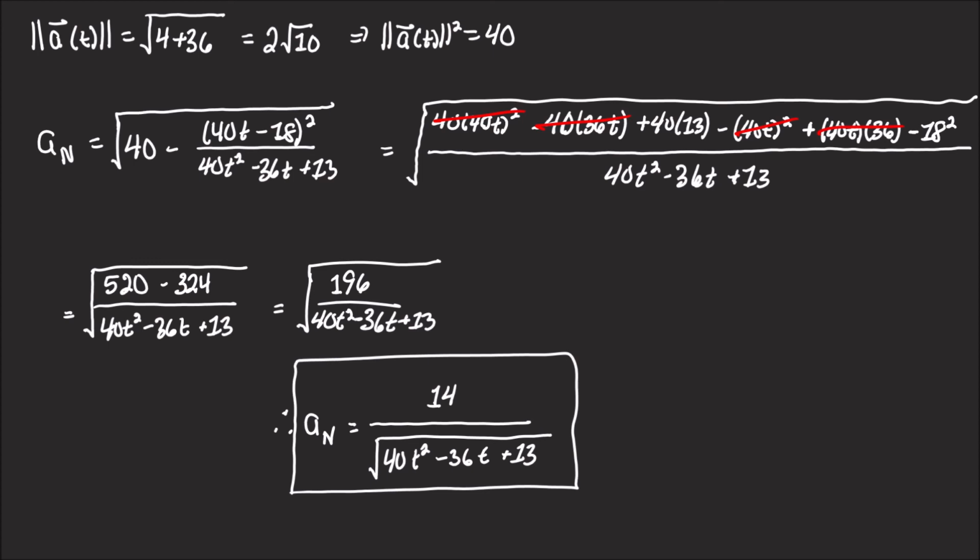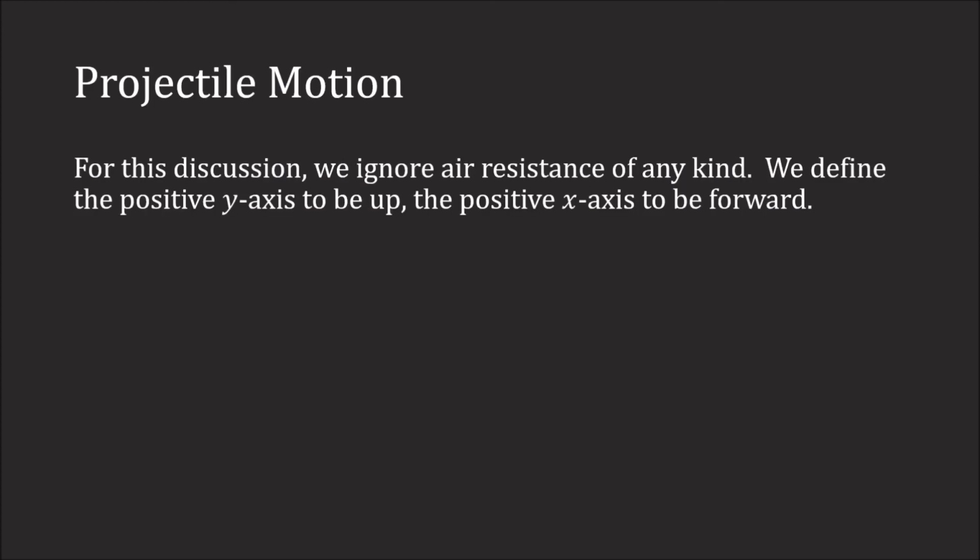We will conclude this lecture by looking at projectile motion. So for this discussion, we are going to ignore air resistance of any kind. We define the positive y-axis to be upwards and the positive x-axis to be forward motion.